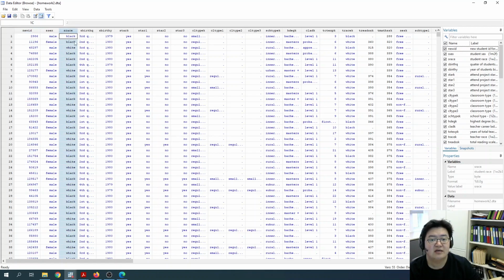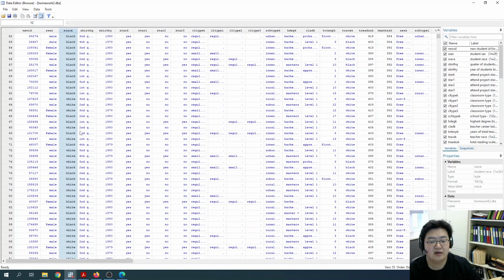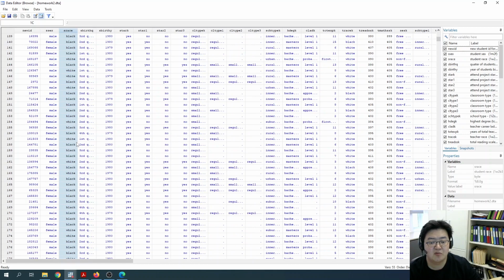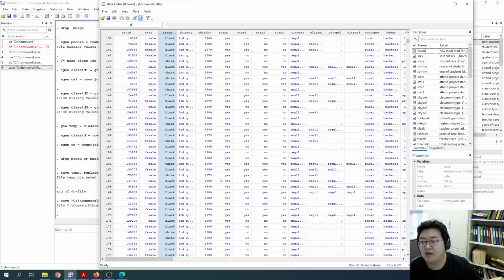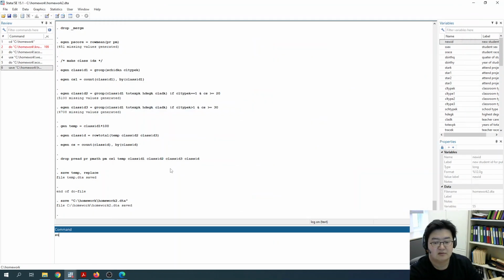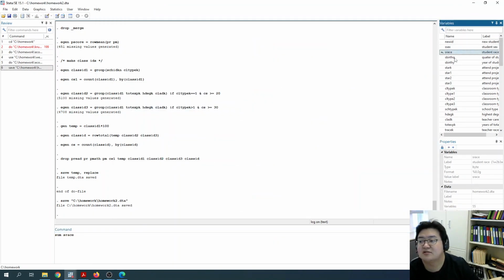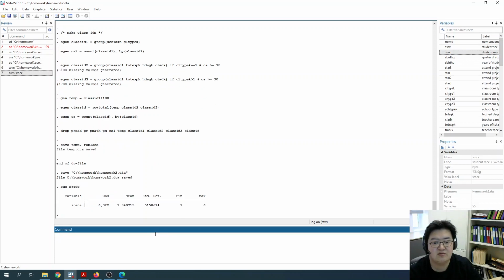And race is black, white, and are there any others? There must be Asian and others. In this case, you may use summary to see what's what.